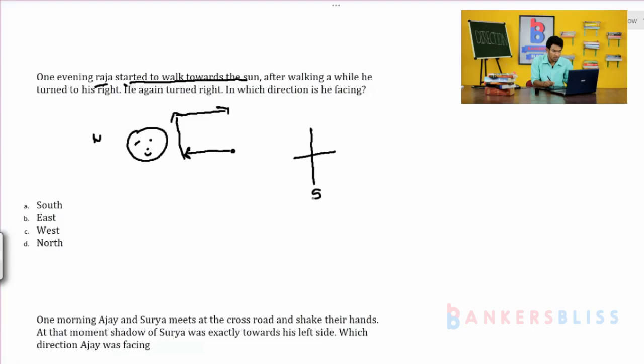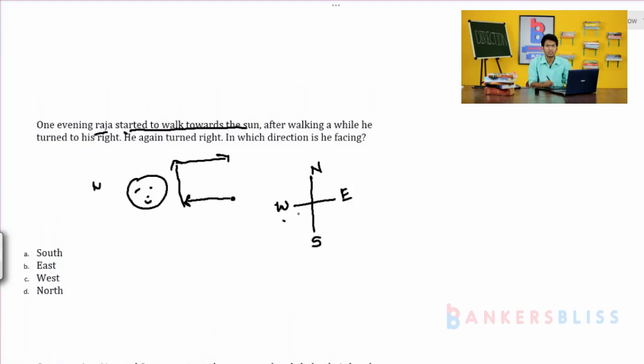This is south, this is north, this is east and this is west. Look at the direction. Mr. Raja starts here and walks towards the sun, stops here and takes a right, stops here and again takes a right. Now which direction is he facing? Look at the arrow. He is facing the east direction.